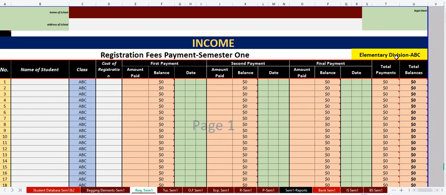Now, take for instance, there is the first class, there is ABC, and you want to jump straight to maybe 6th grade. Alright, that's the 7th grade. You want to drop to the 7th grade class.